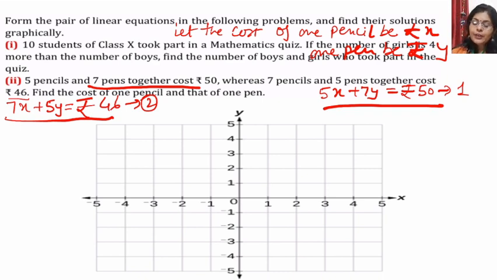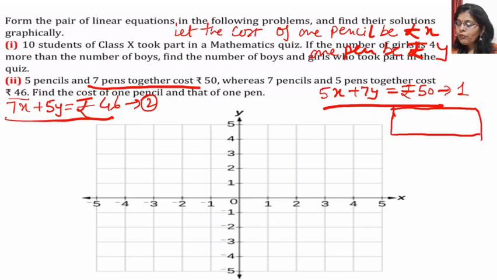So the table formed for the first equation is: we'll write 7y is equal to 50 minus 5x, so y equals (50 minus 5x) upon 7. This is what we have got.